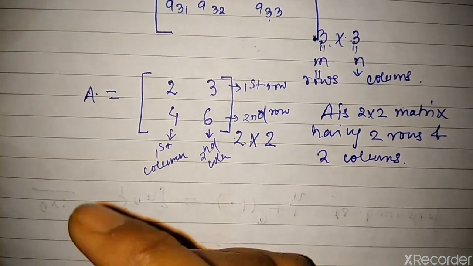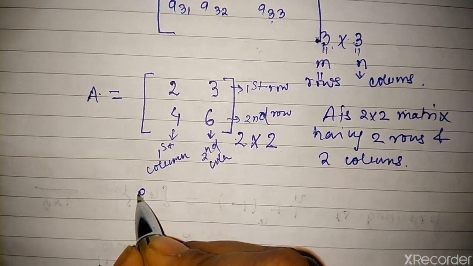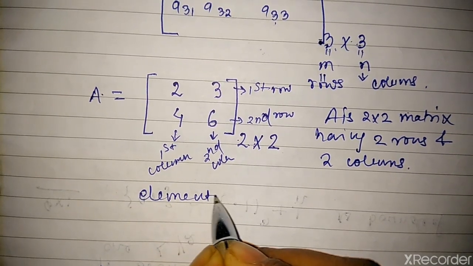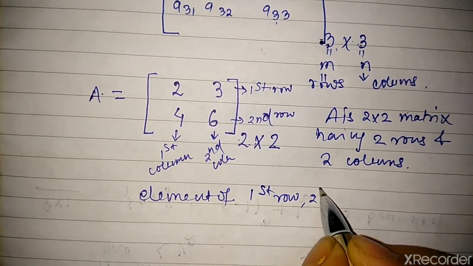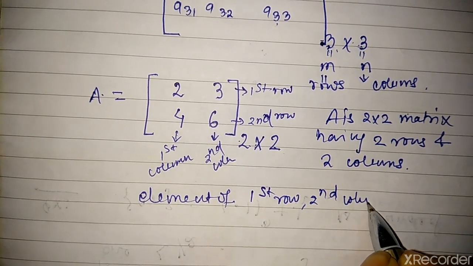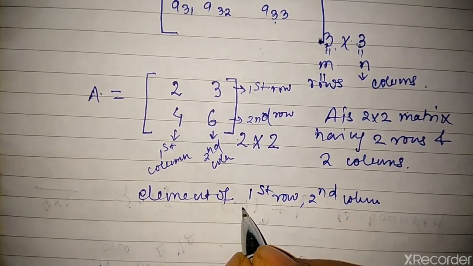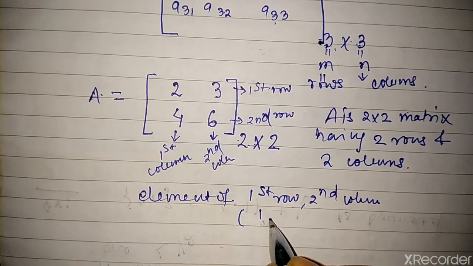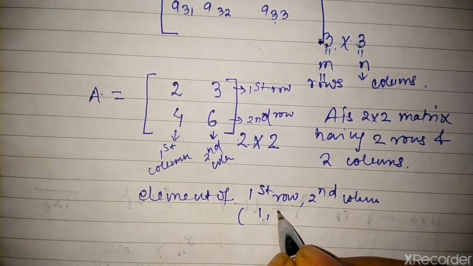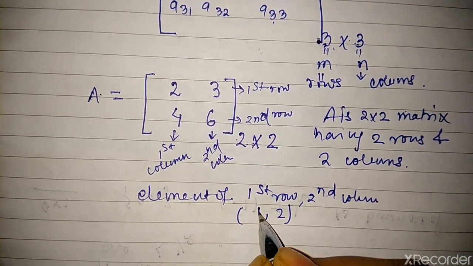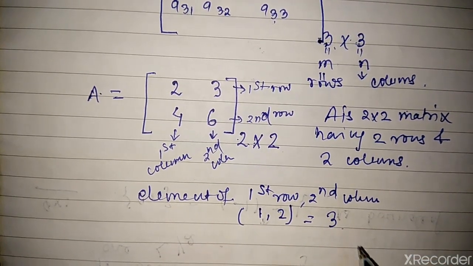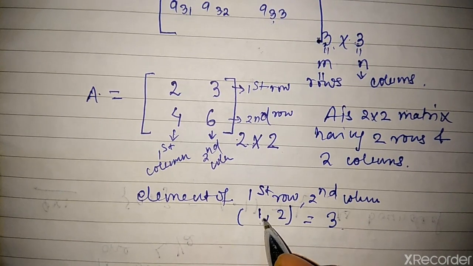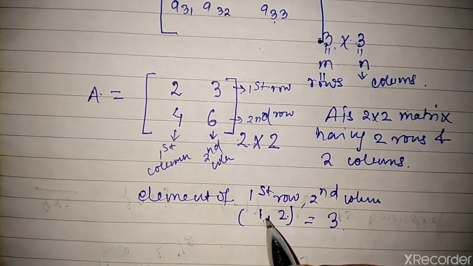So if we ask what is the element of the first row, second column, that is 1, 2. First row, second column. So this is what? 3. So we will write this as A12.